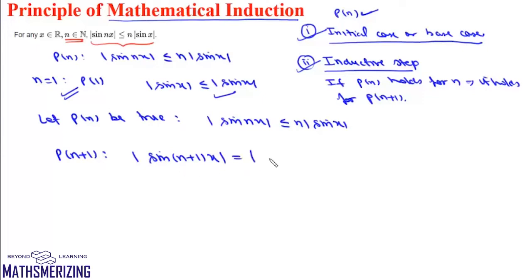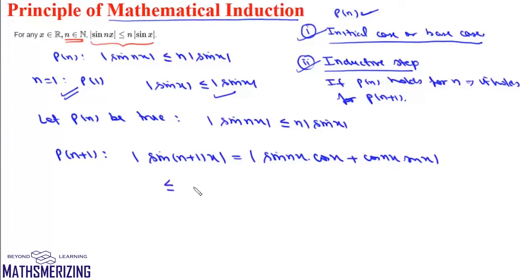So we can write this as mod sine nx into cos x plus cos nx into sine x. Now we know that mod of x plus y is less than or equal to mod x plus mod y.